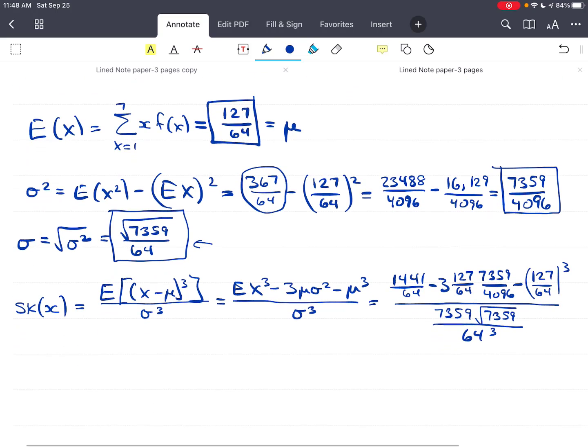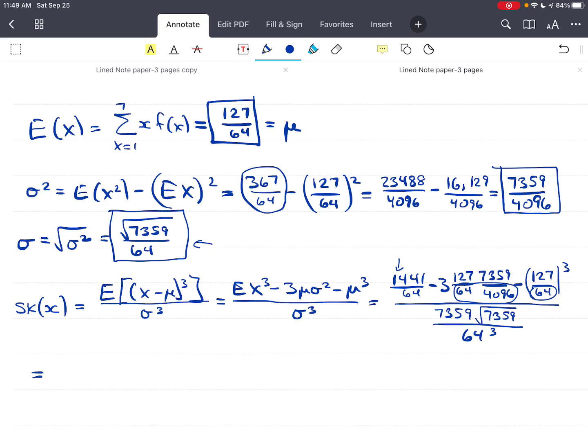And I'm going to cancel out the 64 cubed in the bottom fraction, because that's going to be the common denominator in the numerator. Because I have a 64 cubed here. This is also 64 cubed. So what I need to do is multiply this first fraction by 64 squared on the top and bottom.